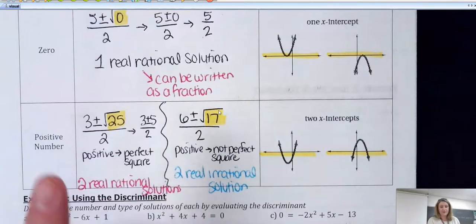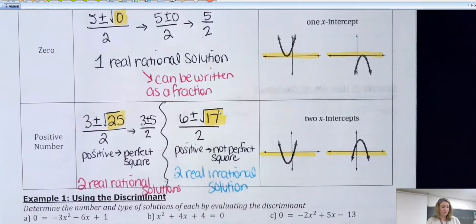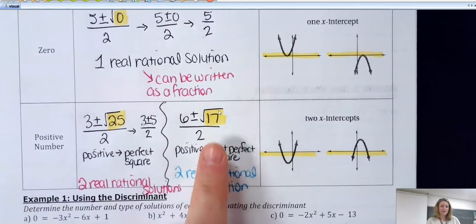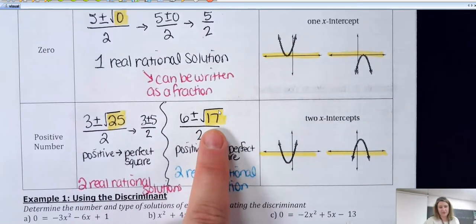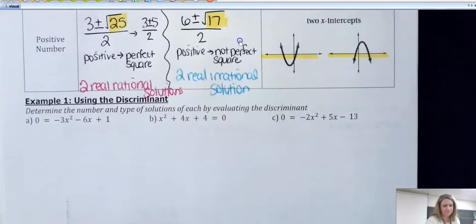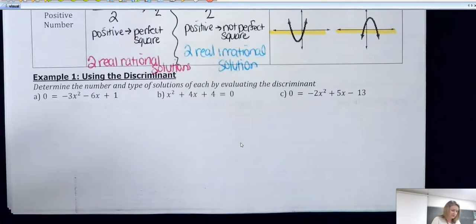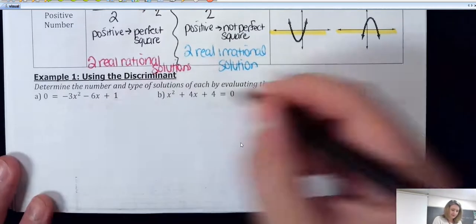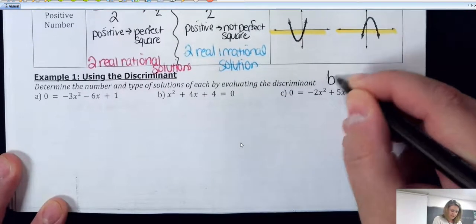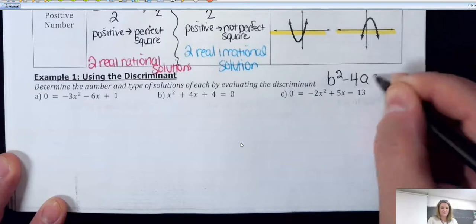It's rational if that number is a perfect square when you do b squared minus 4ac. It's irrational if it's not, just to distinguish between the two. Okay. So at the bottom, I just have a couple of questions here. It says determine the number and type of solution. So we're just going to use the discriminant, and I'll write it right here so you guys can see it on the screen. b squared minus 4ac.